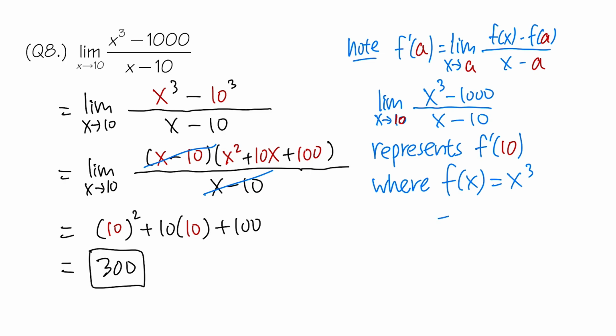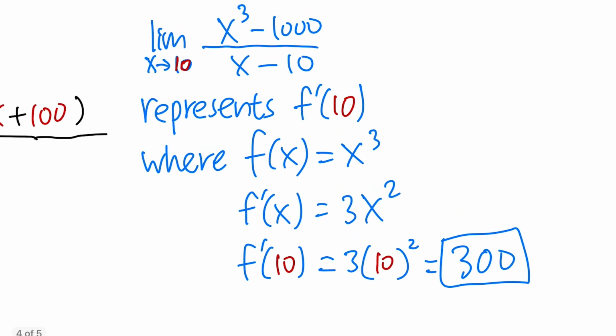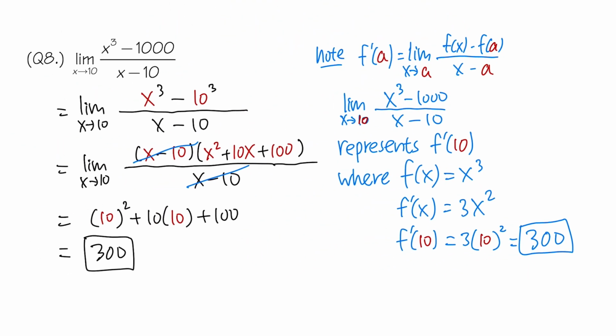And now take the derivative by using the power rule. We get 3x squared, and then plug in 10. We get f prime of 10. That will be 3 times 10 squared. And you know it, if we work that out, we will get 300. Of course, it's the same answer as what we got earlier.